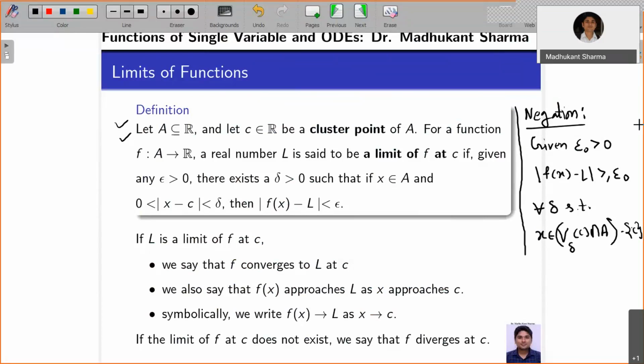So this is going to be the negation of the result. Whatever delta you choose, the mod of f of x minus L is always going to be greater than or equal to epsilon.